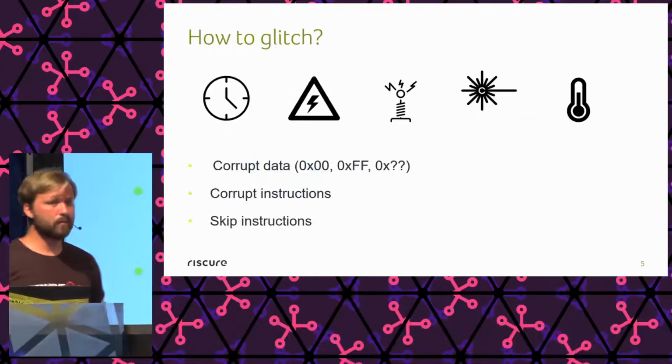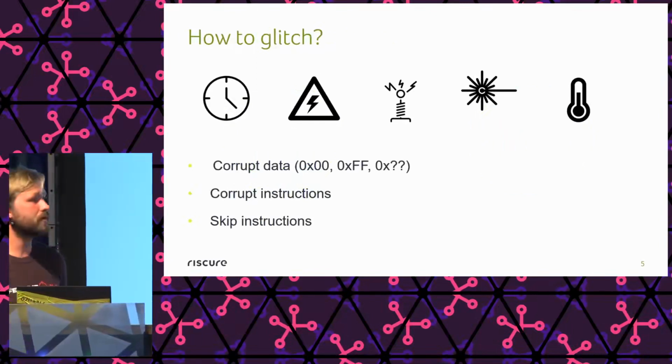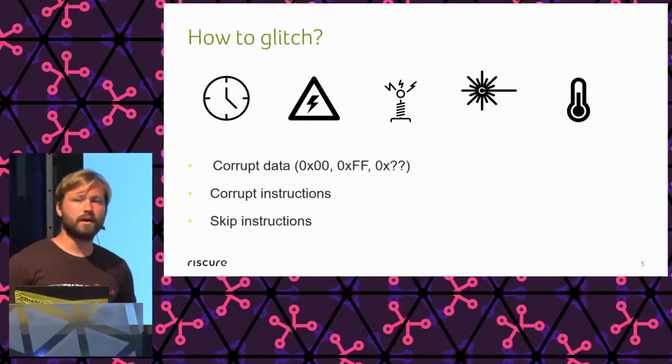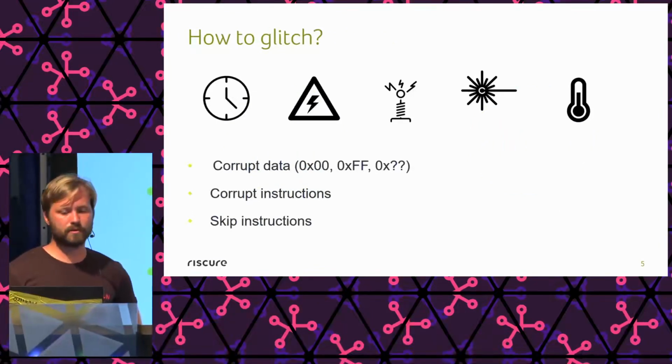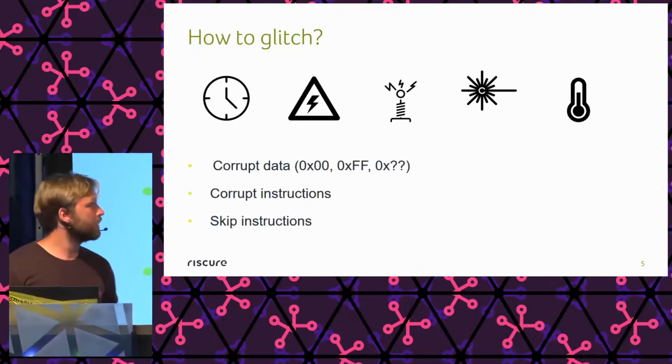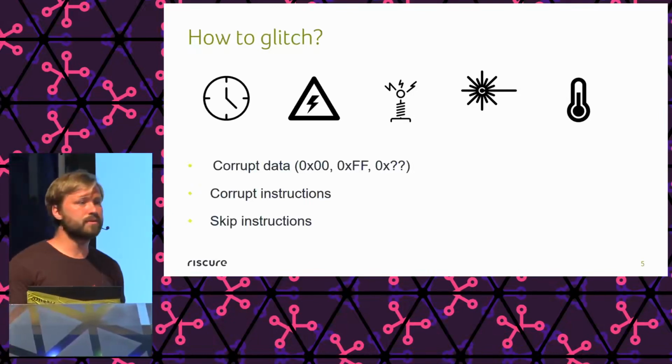So yeah, what are the types of fault injection? When we talk about it, there are different types. There is quite a bit of literature on this, a number of presentations talking about different possible fault injection methods. For example, clock glitching. If you have an external clock of your target, you can affect it in a way. You can affect the outputs of the target.